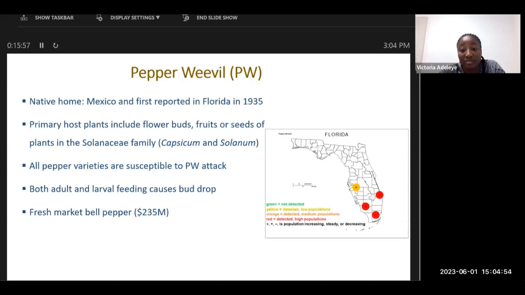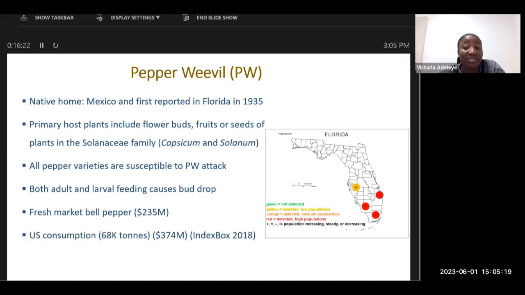As we can see on this map, the red color is a region where pepper weevil population is high, and in Central Florida we have the yellow color. And the total production value of Florida fresh market bell pepper was 235 million, which accounted for about 45% of US value.